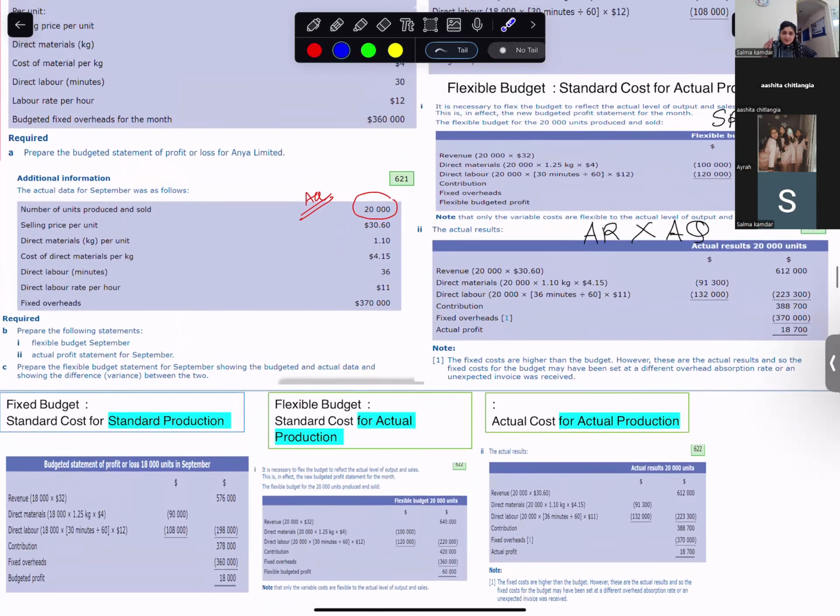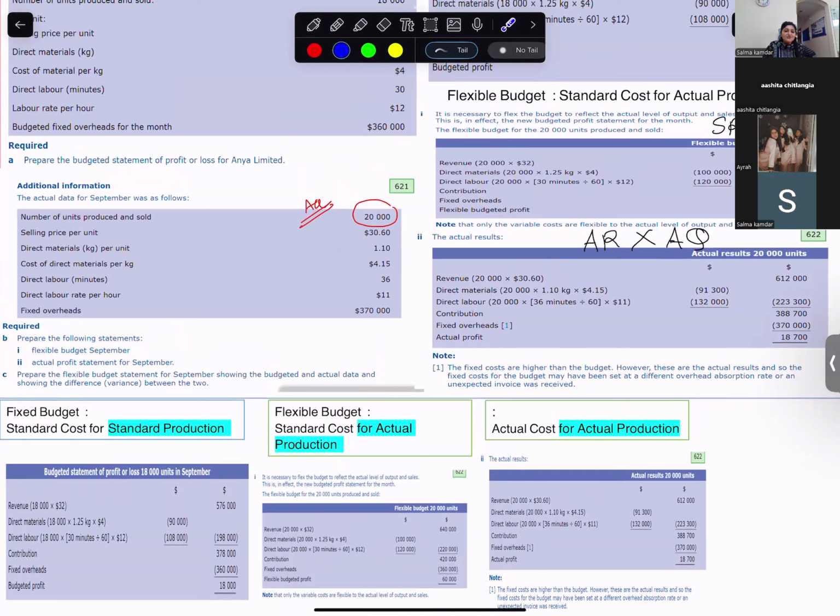Just by looking at this question, can you give me the fixed overheads expenditure variance? Do you remember the formula for this? Which word do you need to remember? MA.